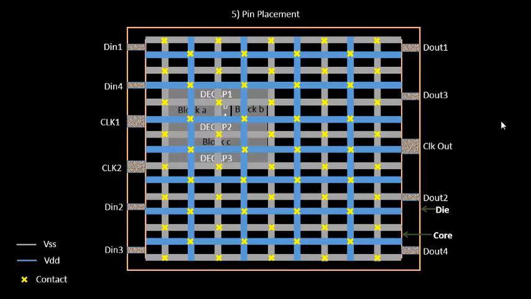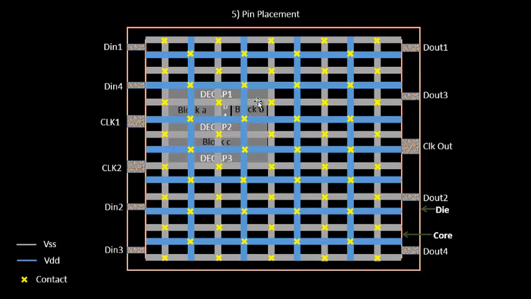And the reason is pretty simple. It basically depends upon where we are planning to place the cells. For example, block A was driven by Din1 and Din2, so we try to place it close to Din1 and Din2. Similarly, block B has direct connectivity to clock out. This could have been placed somewhere over here, but that would have required some additional decoupling capacitors.